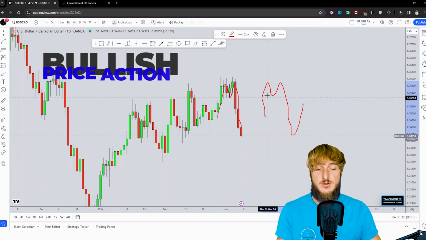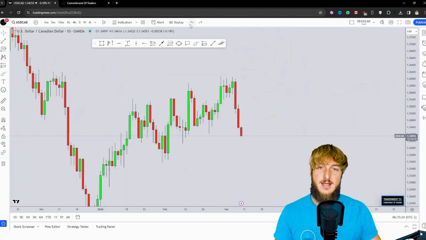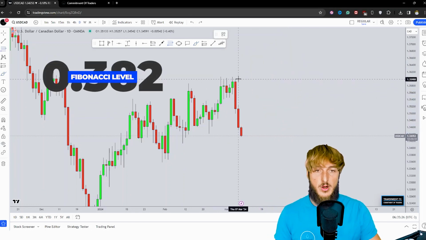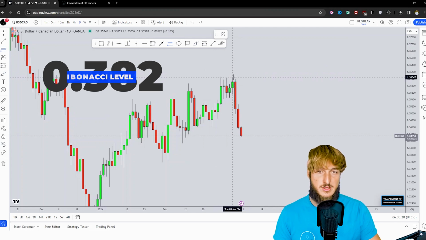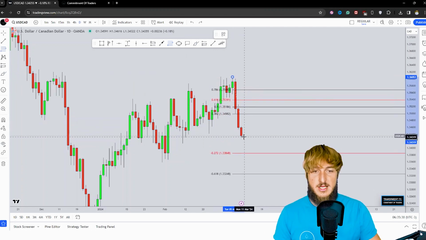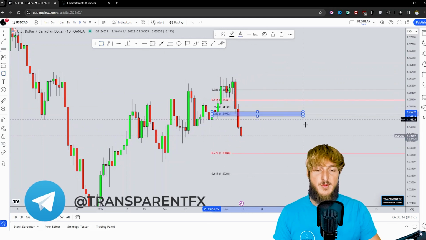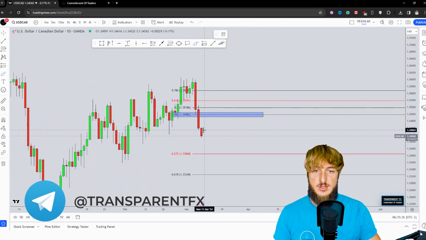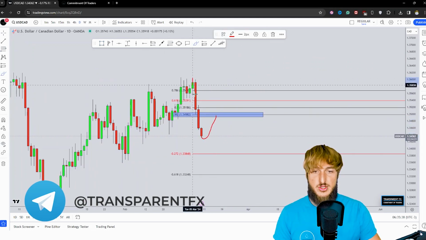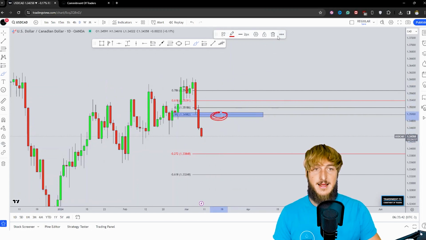Precisely, you would like to see the market create a rejection to the upside, at least to the 0.382 of the Fibonacci taken on the impulse leg. Now, in this case, the impulse leg is from this high to this low. Therefore, what seems possible is that this market could provide this correction to the 0.382 of the Fibonacci taken on this daily impulse leg, which at the moment is lining up exactly at this area.